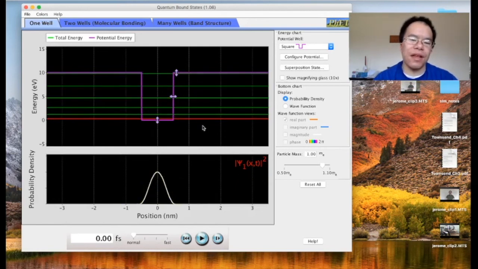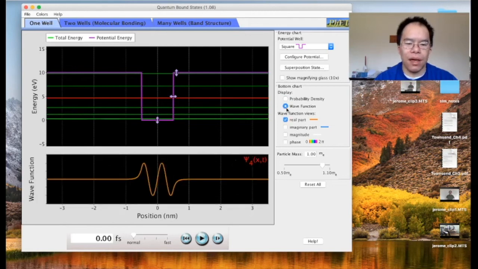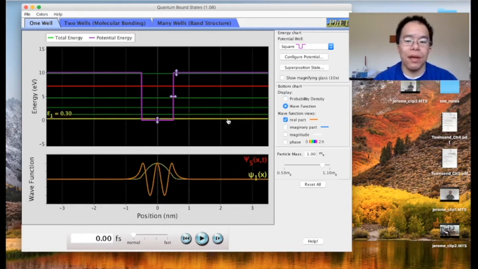There are a few things we talked about that we can notice. If we look at some of the energy eigenfunctions, you see this feature where inside the well, the stationary states are oscillatory, whereas outside the well, down here, they're exponential. You can see that even more clearly if I switch to plotting the wave function rather than the probability density.